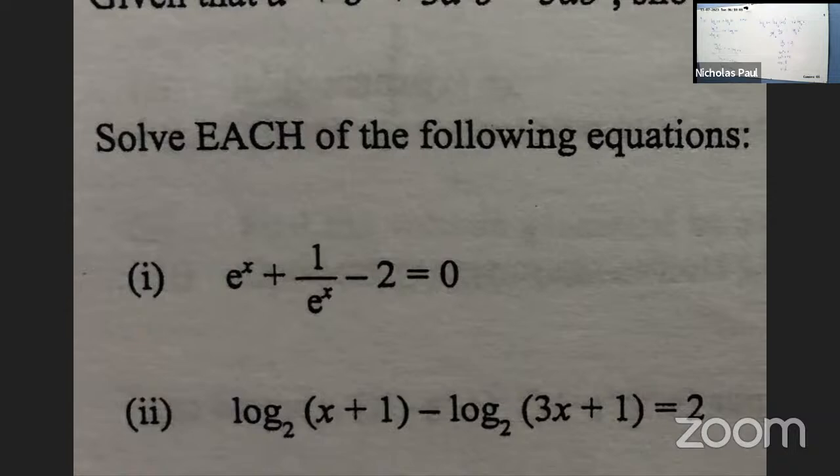First part, right? So doing part one first. Let y equal e to the power of x. So we are going to get y plus 1 over y minus 2 is 0. Right?